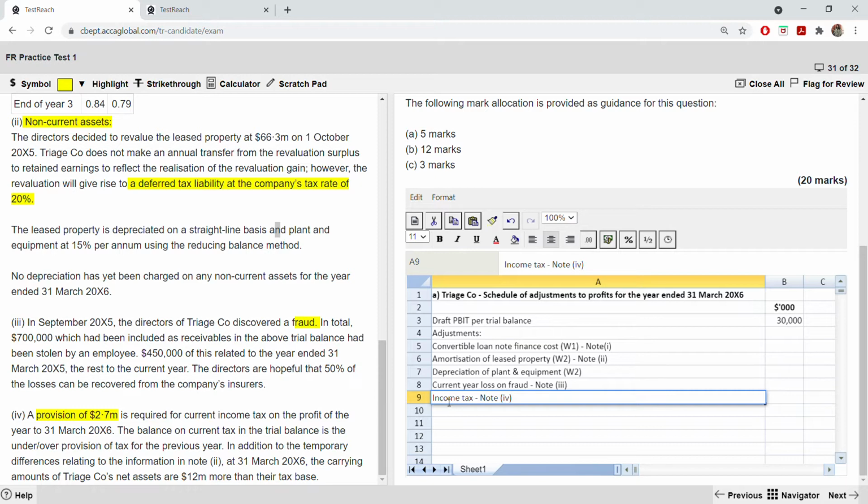For this there's a working number 3. Why not working number 4? Because for current year loss on fraud there is no separate working, it's just a one line thing which you can even write here next to it. But we'll see later, after we finish working 1 and 2.